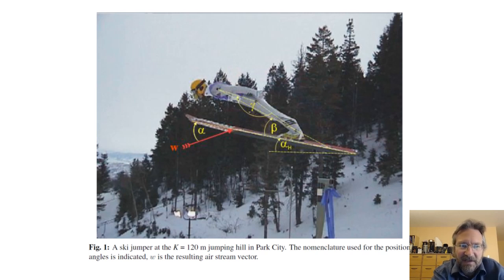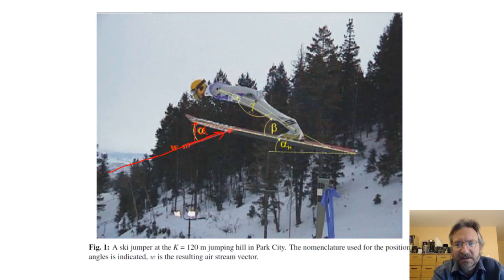And so you have here the wind, which is the W. That's basically when the skier is falling down. That's the angle at which the effective wind comes in. It's a mix of the skier falling down and going horizontally, and it makes some angle alpha with the ski. And so this is the first angle of interest.